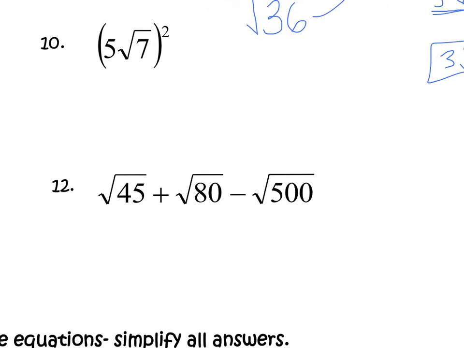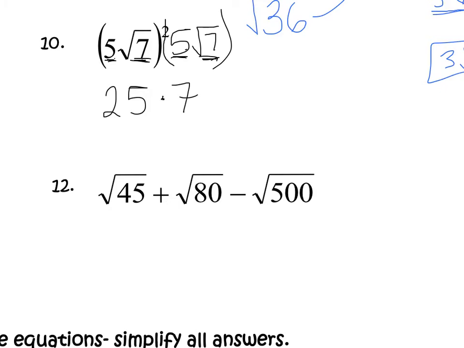Alright, 5 square roots of 7 squared. Now, it is up to you how you think about this, but I would be very, very careful. When you are squaring something, that means multiply it by itself. So, multiply the numbers, 5 and 5, 25. Multiply the square roots. Square root of 7 times the square root of that same 7 is just the 7 underneath.